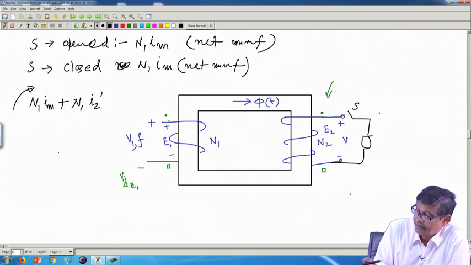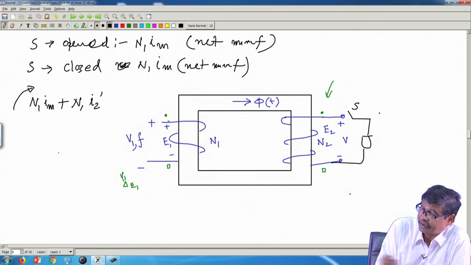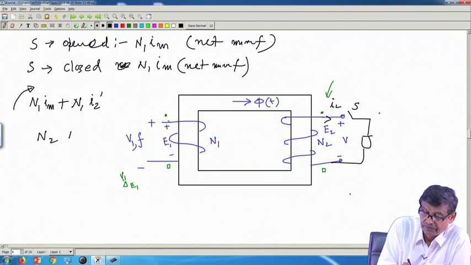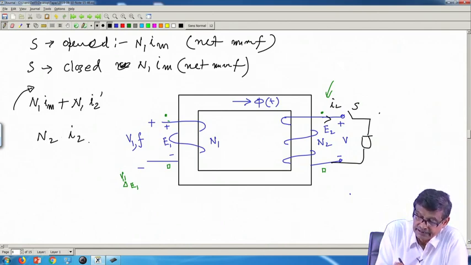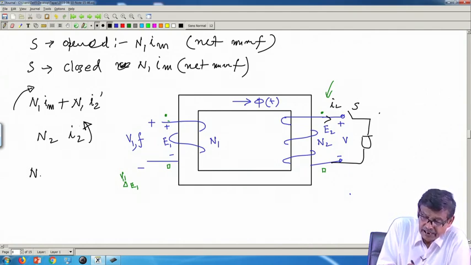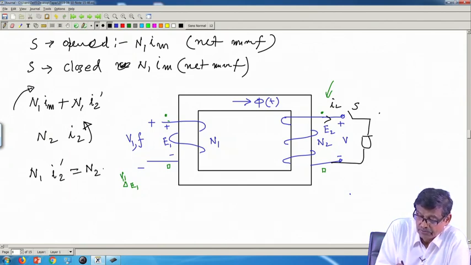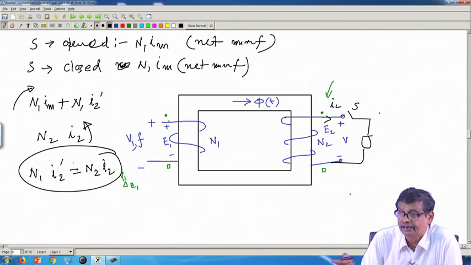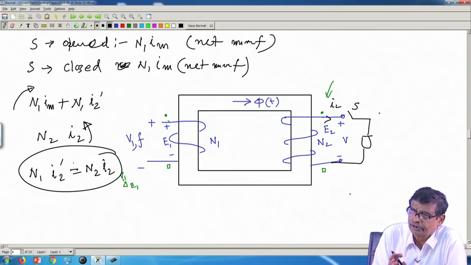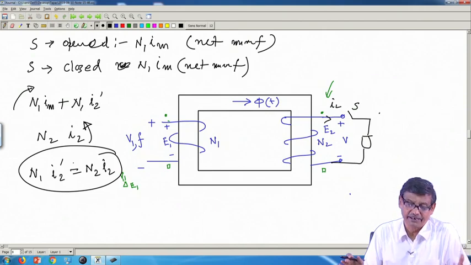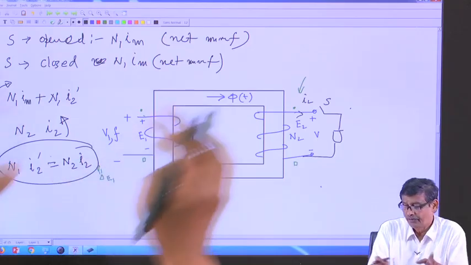The MMF contributed by the secondary, if you show this is the current, is N2 I2, and it creates flux in the opposite direction. Therefore, these two MMFs, N1 I2 dashed and N2 I2, if these two things are equal for all the time, mind you I2 is varying sinusoidally, then everything is fine. These two will cancel out.